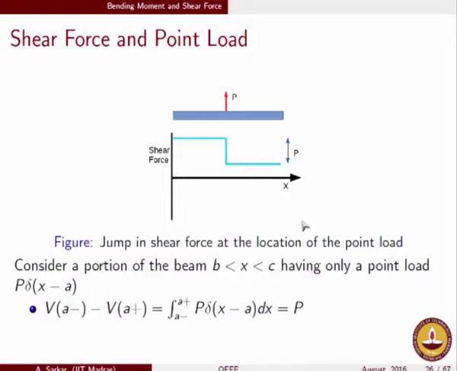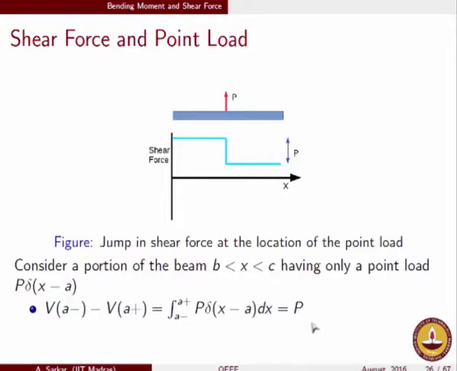This is an easy check that you should do, and it will be very useful for you to derive the shear force diagram when you do the exercise problems: at each location where there is a point load, a jump is expected, and the jump value is exactly equal to the value of the applied force, right. So the shear force jump equals the value of the applied load.